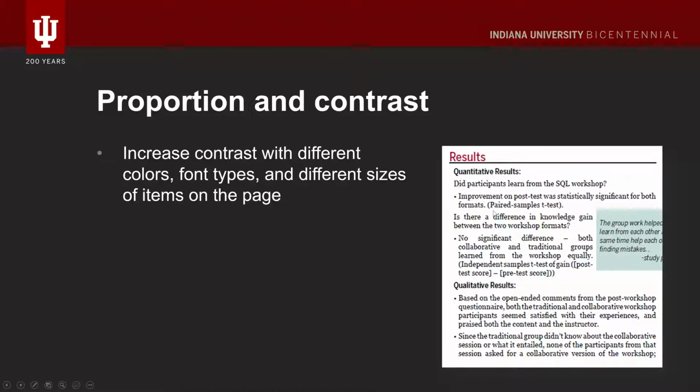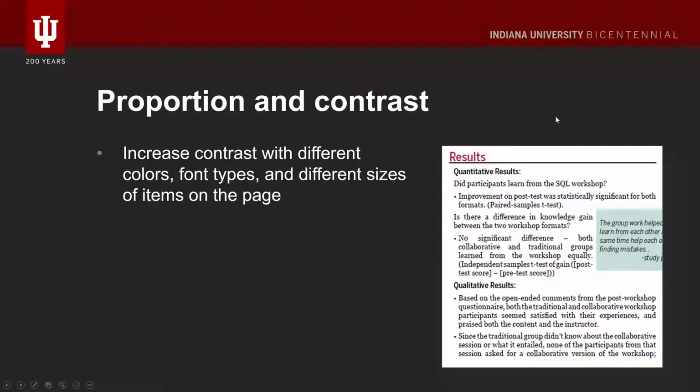That also helps add a little bit more contrast between the different elements on our page. And we also have some color behind a quote that's been pulled from a poster. Unfortunately, this was trimmed off, but you can see here, we've got color adding some contrast to help that quote stand out as well. Those are just a couple of ways you can incorporate the principles of proportion and contrast into your poster.